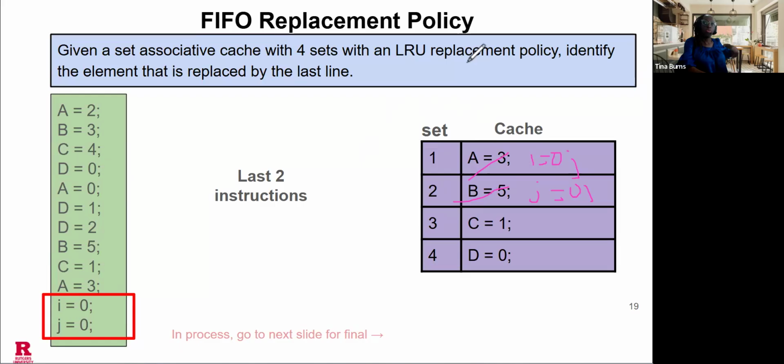If you arrange these in order from 1 to 4, I automatically know, as soon as it's full, which element I'm replacing, because I know the order in which this is going. Whereas with LRU, you have to do a little bit more manipulation to determine which one was accessed previously. I'm going to go back to that LRU example because I want to show you maybe an easier way to look at that.